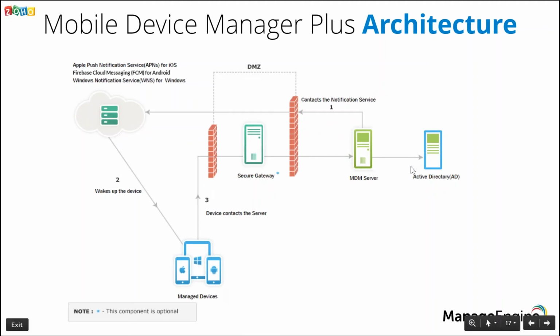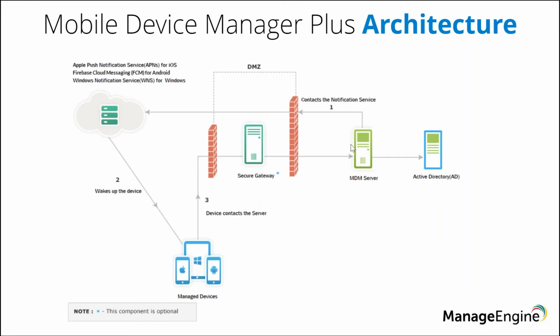Now, when an MDM would like to contact a particular device or would like to wake up a device, it would send a notification to the respective services. So in the case it's Apple, it's your Apple push notification services. In the case of Google, it's your Firebase cloud messaging service. Or in case it's Windows, it would be the Windows notification services. So once the command is sent to the respective services, these servers would in turn wake up the mobile device, and then the mobile device would directly reach out to the MDM server.